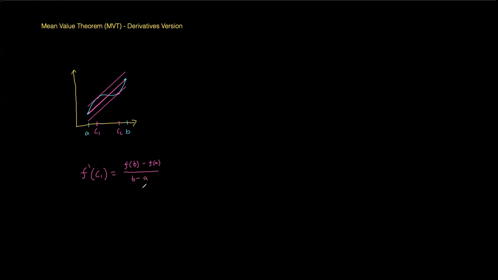And this is from just algebra 1 topics, right? So this is your slope. And so the special caveat is that my c sub 1 will be between a and b. So you can try it for yourself. You can draw any sort of function as long as it is continuous and differentiable, right?